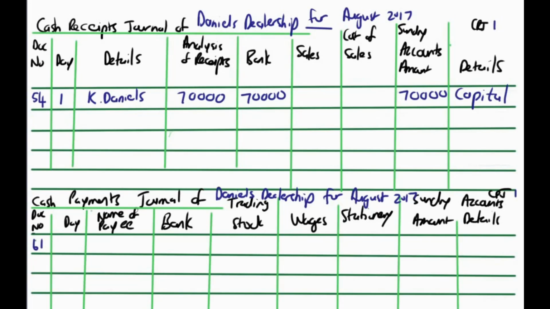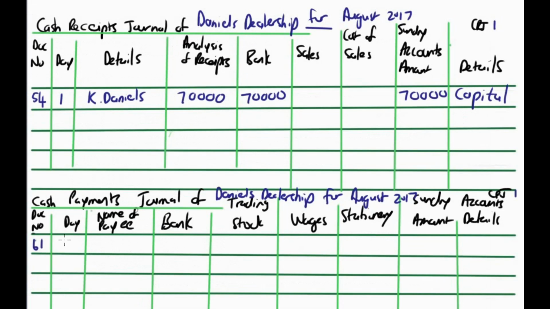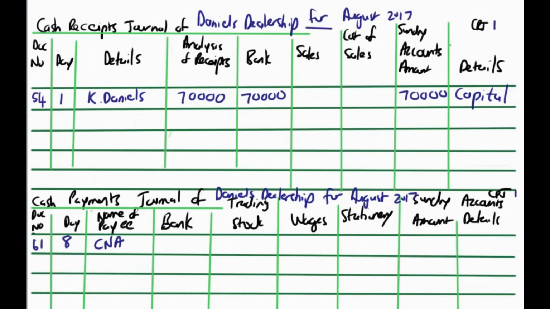The day in this case is the 8th of August. So over here we're just going to write down the 8th. We bought it from CNA, so we're going to write CNA over there. How much did we pay for it? We bought stationery for 940 Rand. So then we're going to have in bank 940. And there is a column for stationery, so then we'll write it in that stationery column over there.